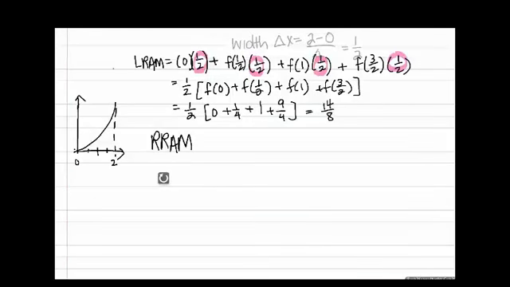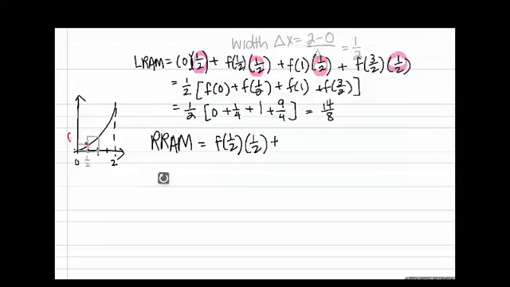I'm going to break it up into 4 subintervals so that the first width, which is from 0 to 1/2, will have a height of f of 1/2. So its height times the width is f of 1/2 times 1/2. Now the second rectangle, it's going to be at 1. So f of 1 will determine the height.